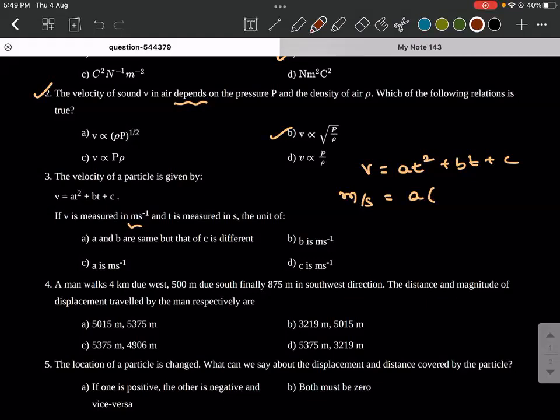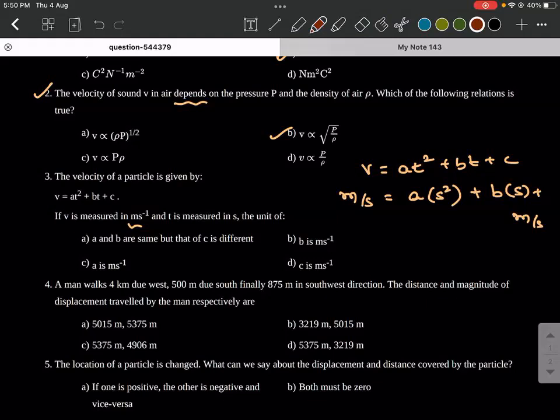What is the unit of time given? It's given there. So it should be A into second square plus B into the unit of time should be second plus C. What should be the unit of C? It should be meter per second.